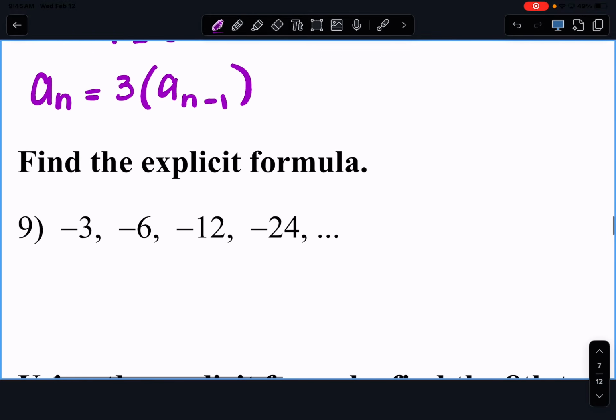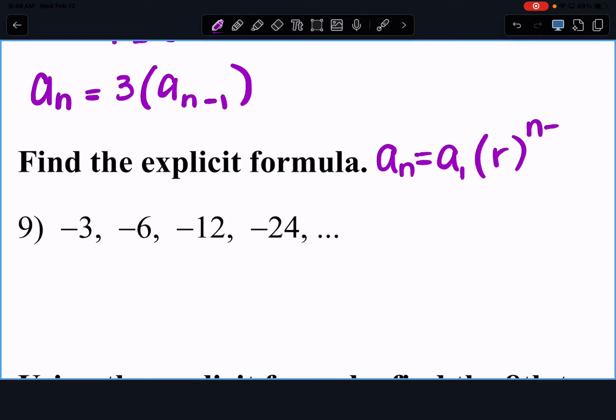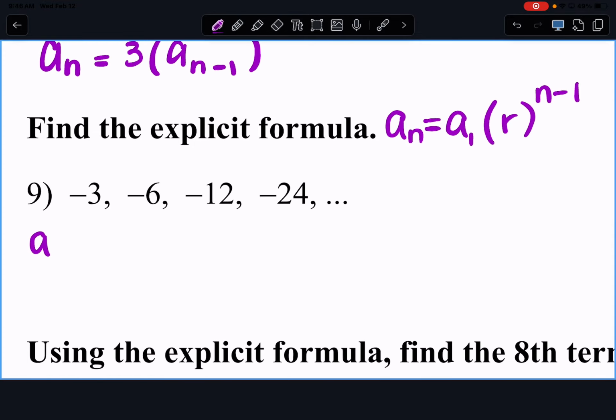So explicit formula. Okay, that's where we do AN is equal to the initial times the ratio to the n minus 1. So I need 2 things. What 2 things do I need? All right, so for number 9, what's our initial? Our initial is -2. Okay, then what is our ratio?